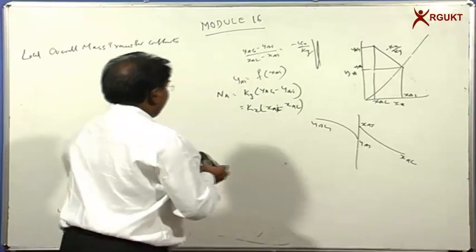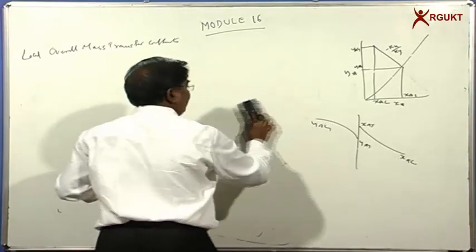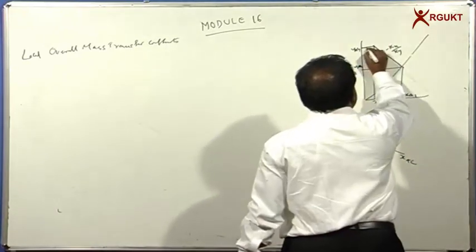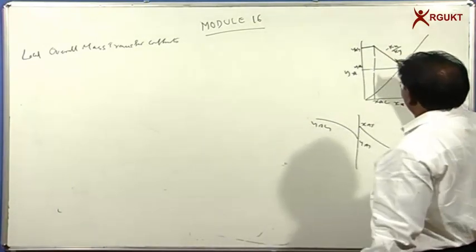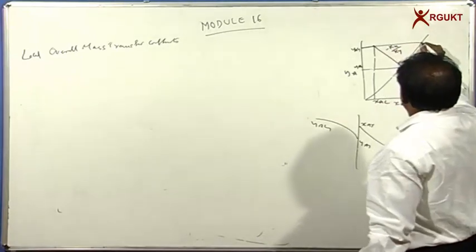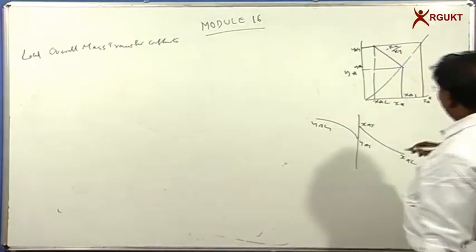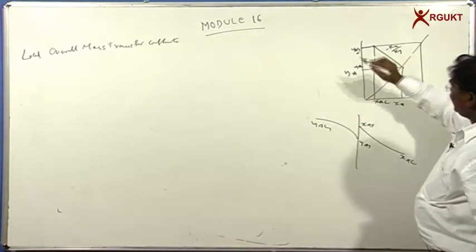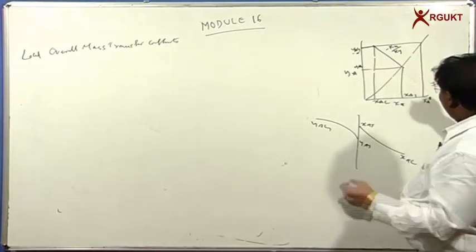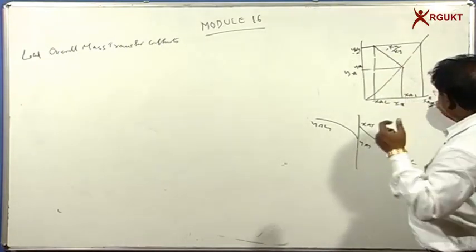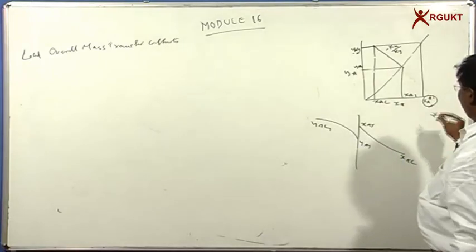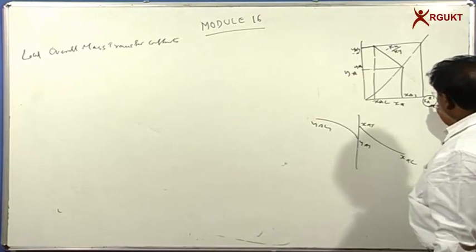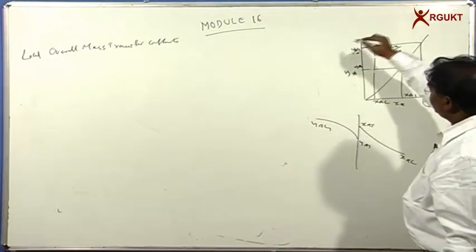Now when you look at this, we have YAG. This YAG may be measured in terms of YAG, or we may measure in terms of XA star, right? XA star is the equilibrium concentration, the concentration which is in equilibrium with the given gas phase concentration in the bulk.